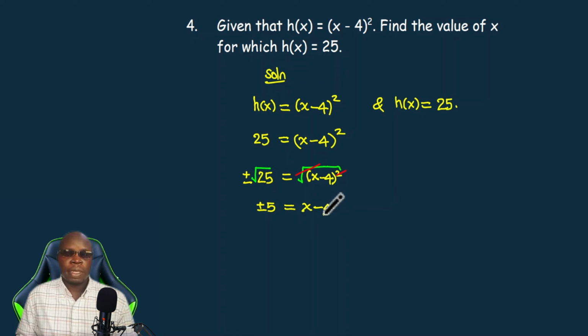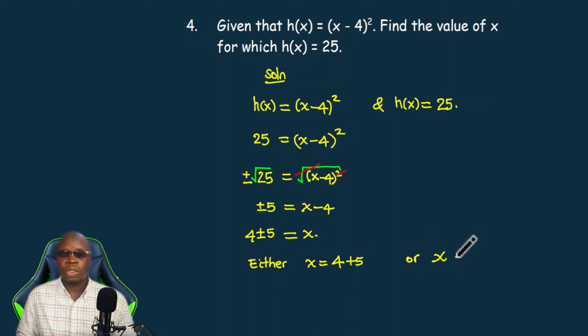So let's connect like terms by taking our negative 4 to the left-hand side to join that number. So we have 4 plus or minus 5 must give us only x. So we can simplify this. Either we take the upper sign where x is equivalent to 4 plus 5, or we take the lower sign and we have x given by 4 minus 5.